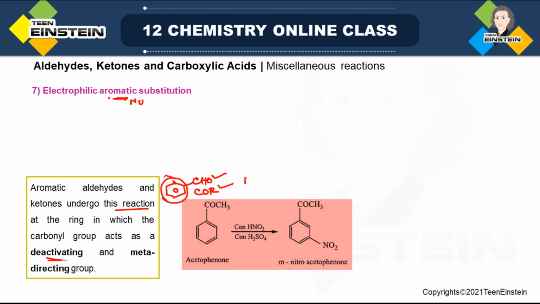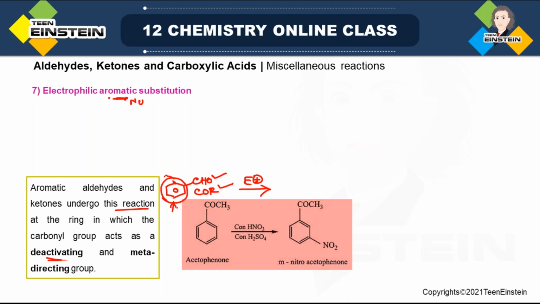That means the electrophile that you are using for this reaction will be inserted in the meta position with respect to this group. So the hydrogen that is present at the meta position will be replaced by the electrophile, which is E plus. Now depending on what type of electrophile generating reagent you are using, there will be different types of electrophile.